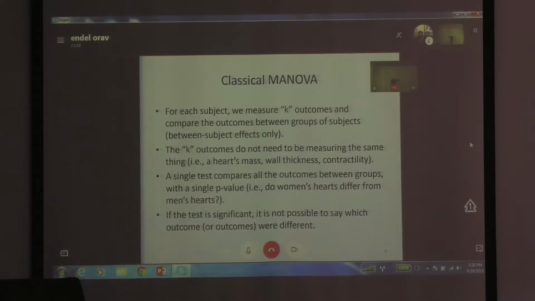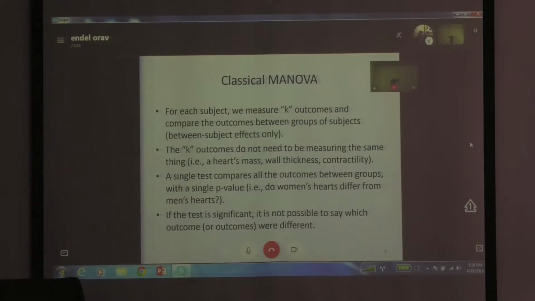The trouble with the approach is if the test is significant, you won't know what aspect of the heart was different, and then you want to go and compare heart mass between men and women, thickness and contractility all separately, and whatever the MANOVA told you originally becomes lost because it combined things that you wanted to know about separately.